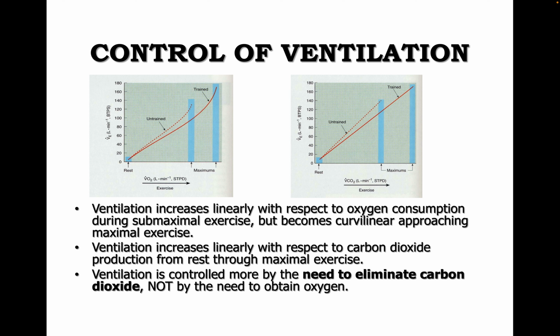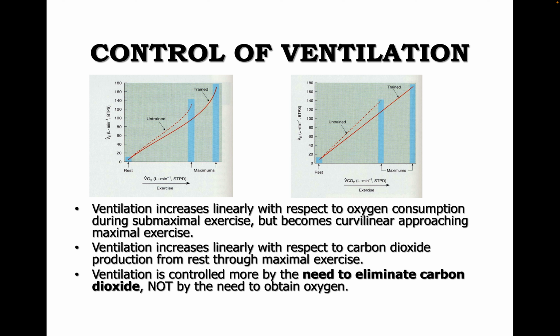One last thing that's very important to note is that ventilation is controlled more by the need to eliminate carbon dioxide, not by the need to obtain oxygen. If you hear people say, when I'm running faster, I need to breathe more often and breathe in deeper because I need to get more oxygen to my working muscles, that's technically not right.